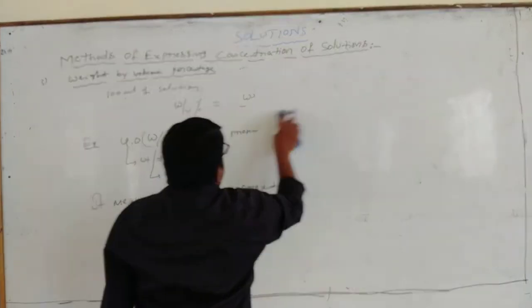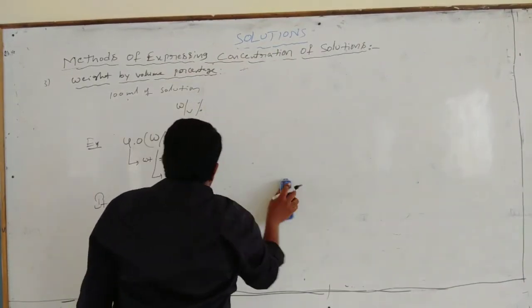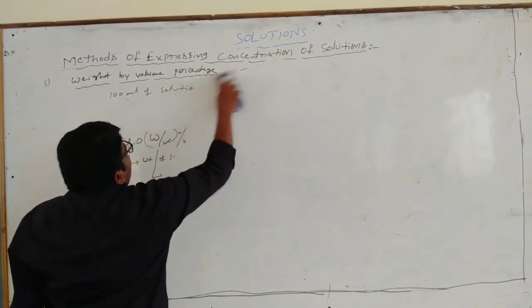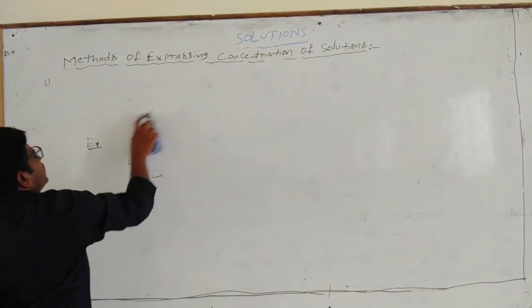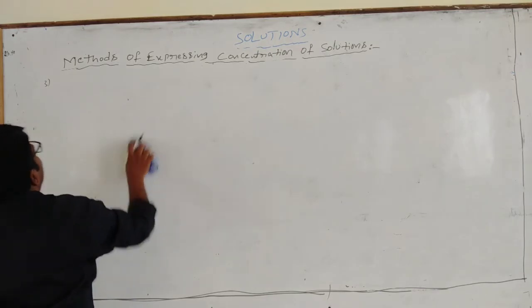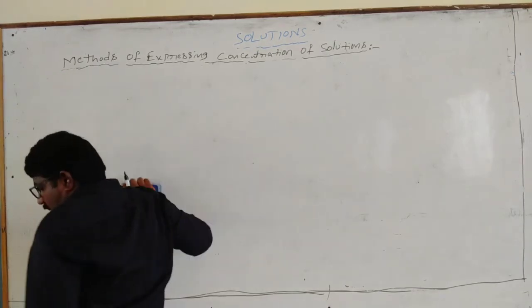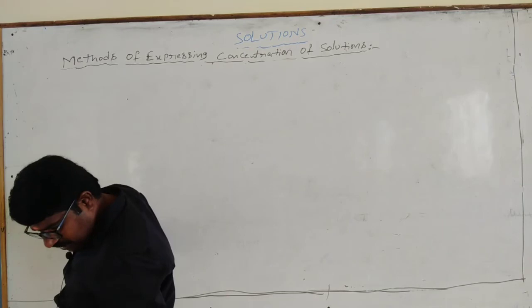ppm, parts per million, means the amount of solute present in 10 to the power of 6, that is one million, parts by mass of the solution.